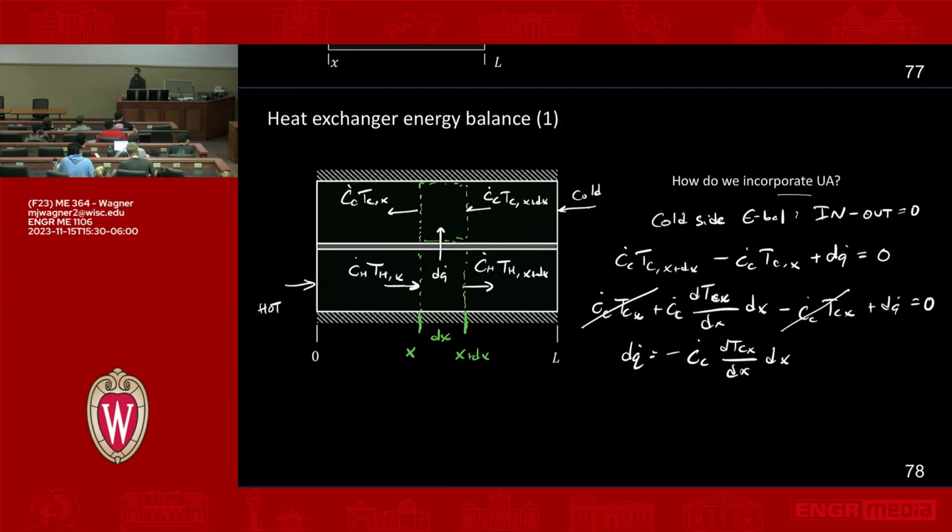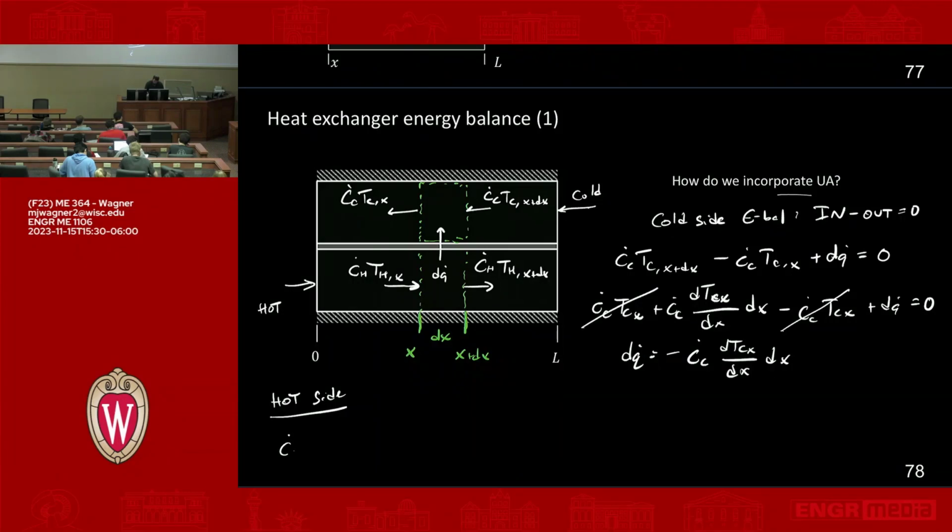We can do the same thing on the hot side. Make sure we're keeping track of the fact that now dq dot is going into the hot control volume as opposed to the cold side where it was leaving it. So it just changes that sign. What we end up with on the hot side, down here, I'm just going to write out the expanded form.